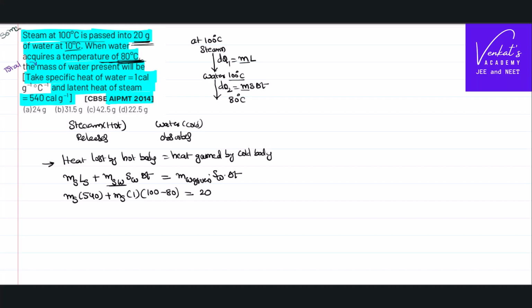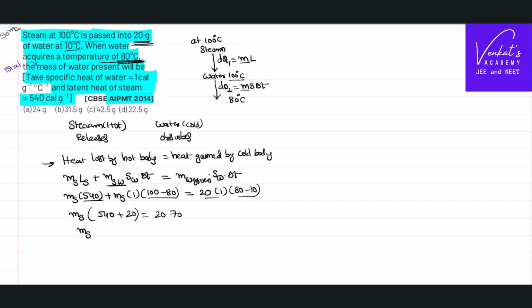This equals the mass of the water given, which is 20, into the specific heat of water, whose temperature is raised from 10 to 80. So the change in temperature is 80 minus 10. So mass of steam into 540 plus 100 minus 80 is 20, equal to 20 into 70.